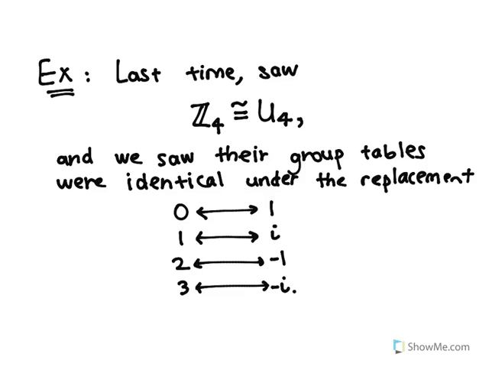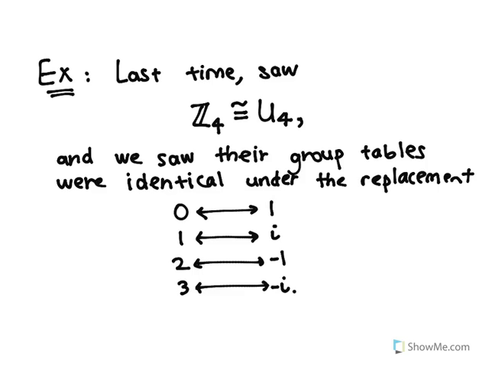In last video, we proved that the group Z4 was isomorphic to the group U4 of fourth roots of unity. And remember, how did we prove that? Well, we constructed a specific isomorphism that went from Z4 to U4. Since there exists an isomorphism between them, in our new terminology that means these two groups are isomorphic.